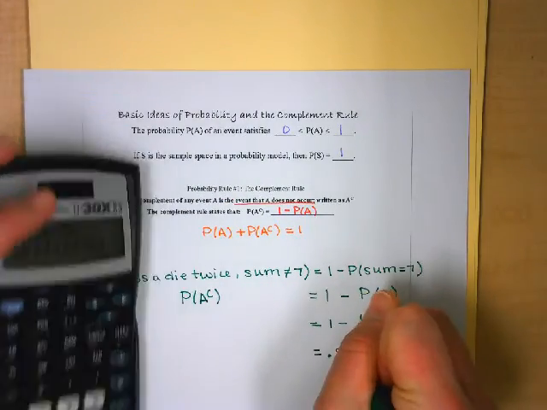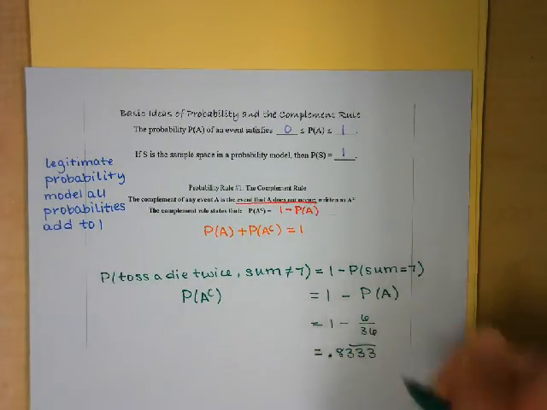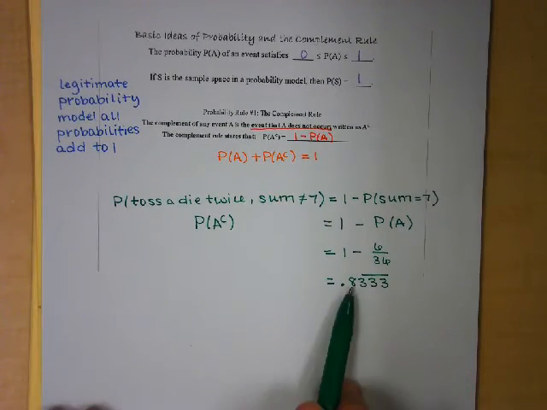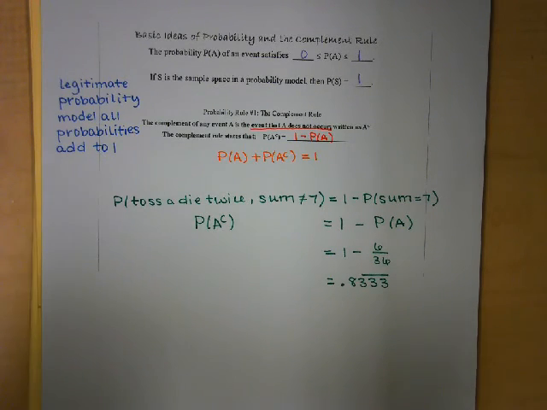So the probability that I roll a die twice and the numbers don't add to 7 is 0.8333 repeating forever.